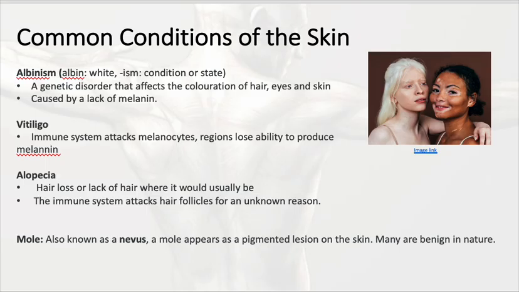In albinism, the body produces little or no melanin, so there is a disruption in melanin production, whereas in vitiligo, the melanocytes, the cells themselves, are attacked and destroyed. Therefore, in the regions where the melanocytes are destroyed, there will be smooth white patches that appear on the skin.